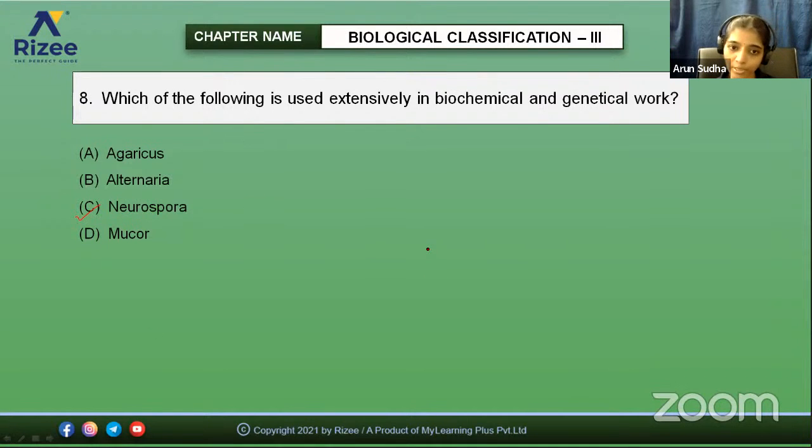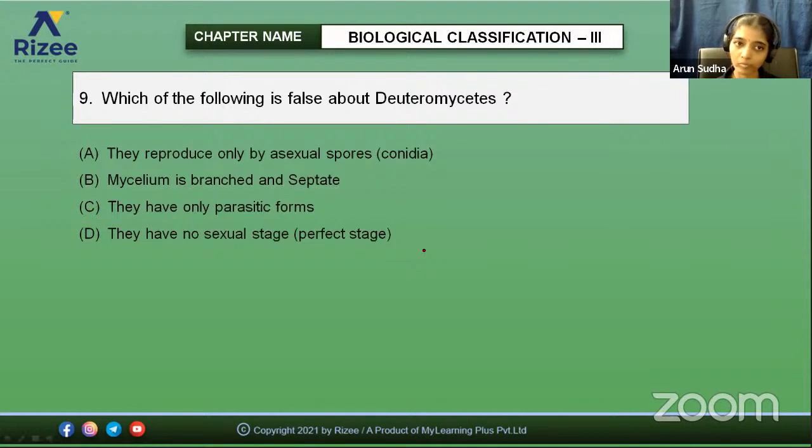Okay, the next question is, which of the following is false about deuteromycetes? They reproduce only by asexual spores, that is conidia. Mycelium is branched and septate. They have only parasitic forms. They have no sexual stage or a perfect stage. So which of the following is false?